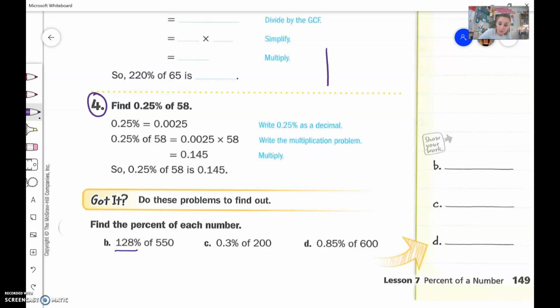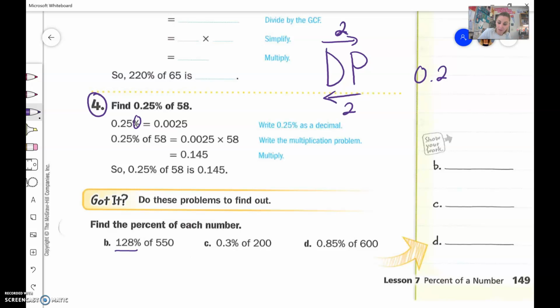So we're going to remember decimal to percent and percent to decimal. Going from a decimal to a percent means we're going to move it 2 places to the right. If we're going from a percent to a decimal, we're going to move the decimal 2 places to the left. This is a percent.